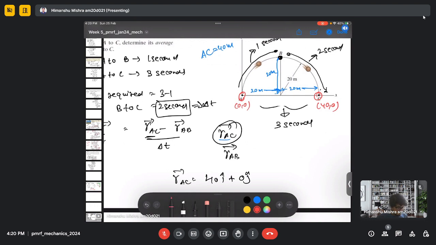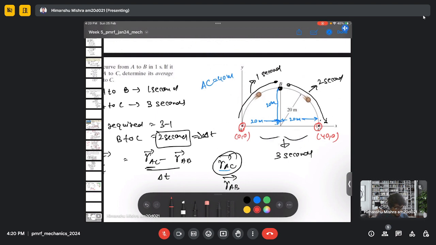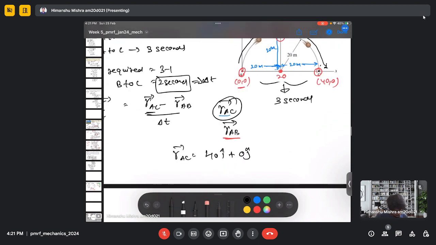And to define the displacement vector r AB, again we do the similar exercise, that at point A the position is 0, 0, and at point B the position is 20, 20, because it's 20 in y direction and 20 in x direction. So my position vector at AB is 20i plus 20j, and the position vector at AC is just 40i.